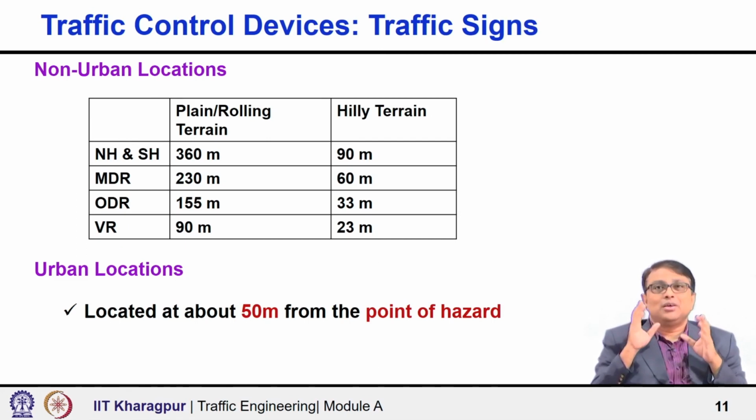So, you can say the maximum advance distance is for NH and SH, followed by MDR, ODR and then village road. Similarly, for all cases, the values for hilly terrain are relatively lower than for plain and rolling terrain, because of the change in speed due to terrain conditions.